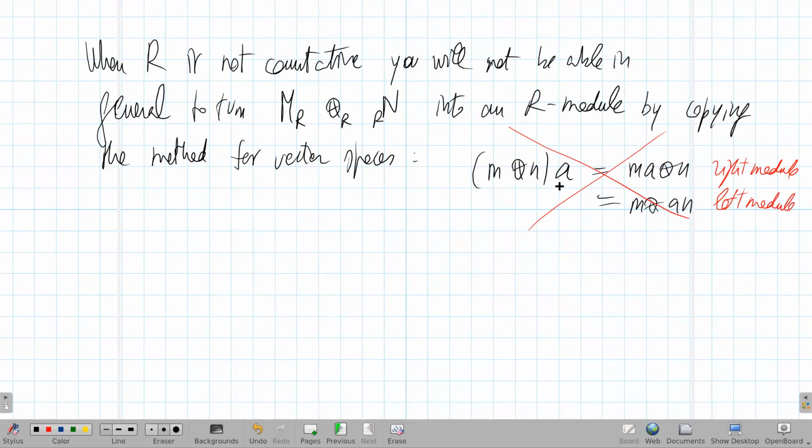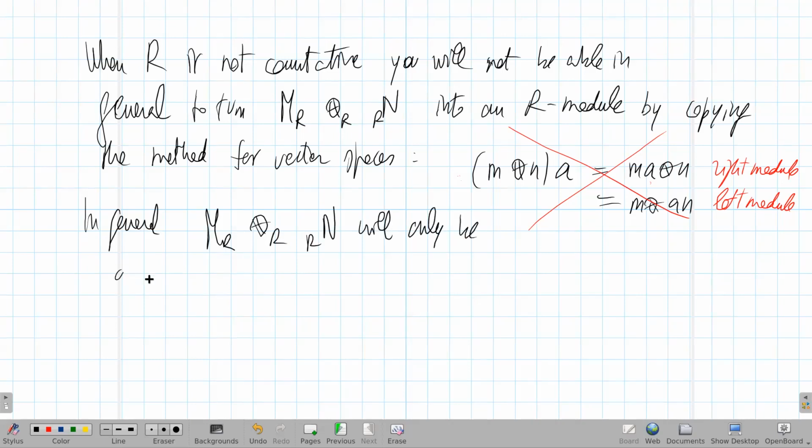So I've written the A on the right here, meaning that this will be a right module, but it's a left module if you look at it this way. If I try to define it as a left module, this tells me that it's a right module. So it's not a module, okay? And so in general, this product will only be, not even a vector space, an abelian group.